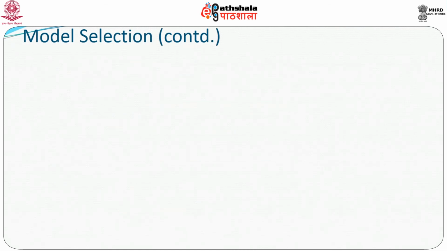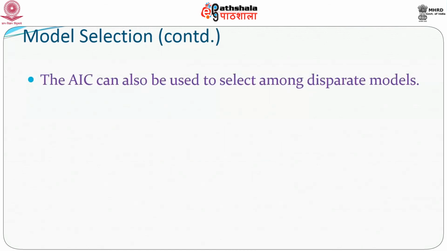The AIC can also be used to select among disparate models. What is meant by this? What we have been assuming is that we have the same type of model, say an AR(p) model, and we want to choose p. That is what we did previously.